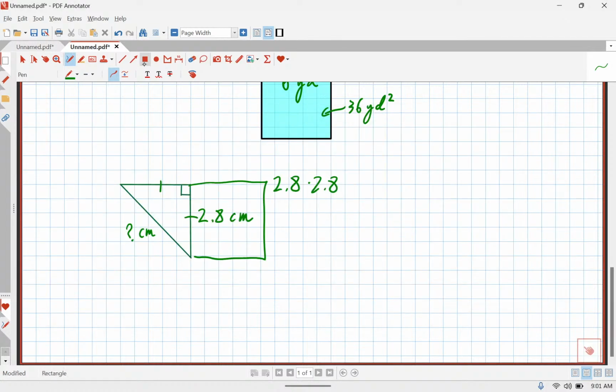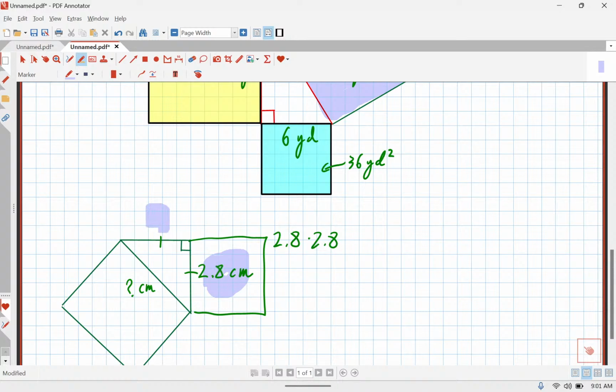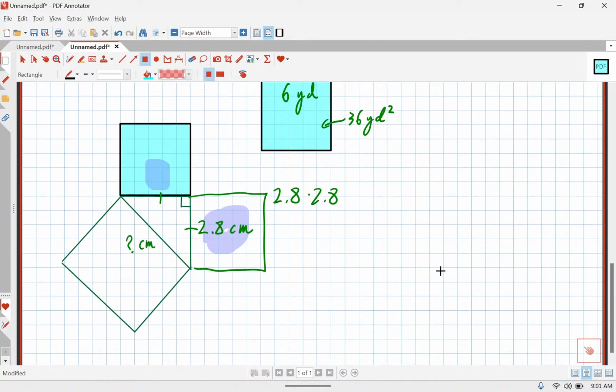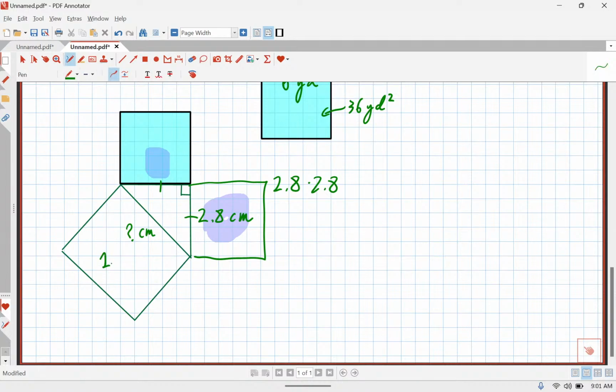I'll tell you, that number represents the area of this square right here, because that is the sum of the area of this square and this square. Does that make sense? And now that I know that's 15.68, what am I going to do with that number to find the side length?